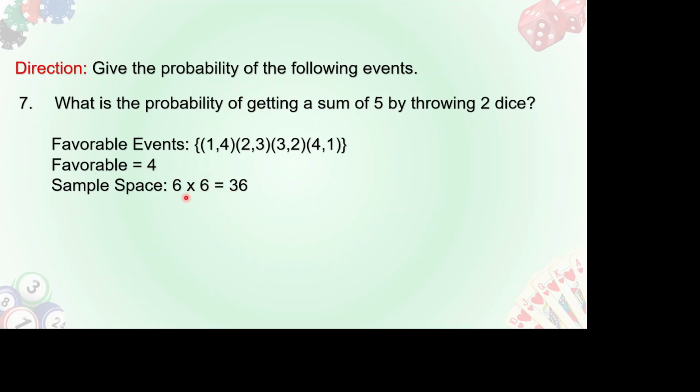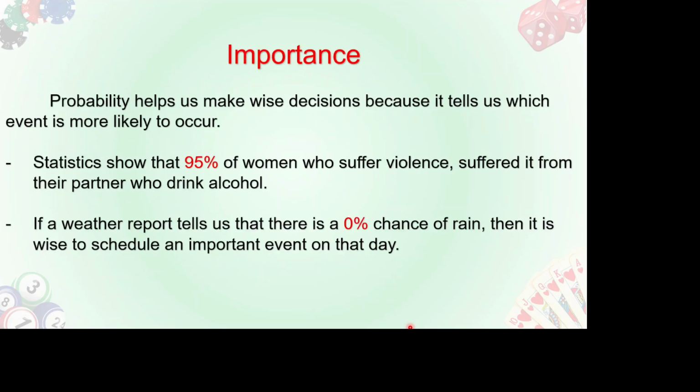And since there are 2 dice, we have to multiply 6 by 6, which will yield 36. And if we put that in fraction form, favorable events over sample space, we have 4 over 36. And 4 is equivalent to 4 times 1, whereas 36 is equivalent to 4 times 9. So if we cancel 4, since it's common to both the numerator and the denominator, we will be left with 1/9 as the simplest form.